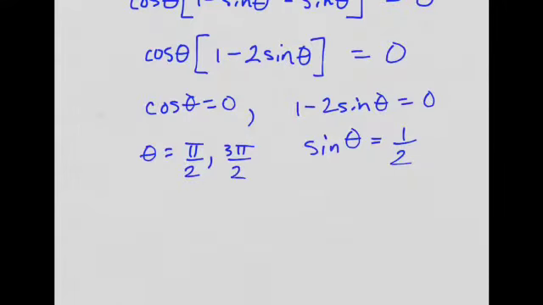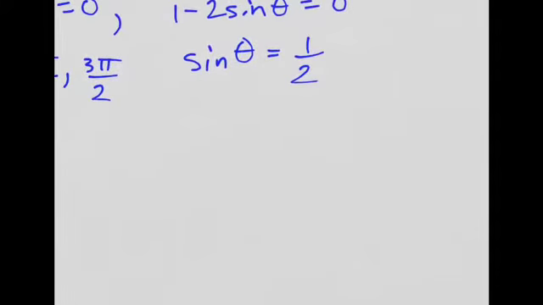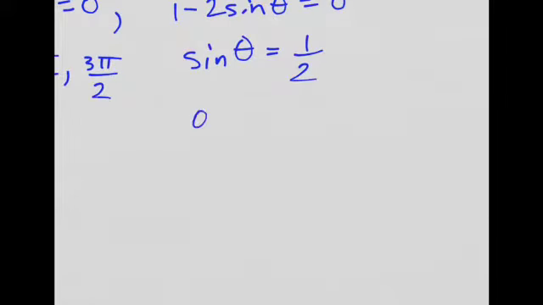Those are just things you know. Verify that with a unit circle or your brain, because I know they're in your brain. And then when does sine equal 1/2? Well, that'll be at pi over 3, I think. No, pi over 6, and also 5 pi over 6.